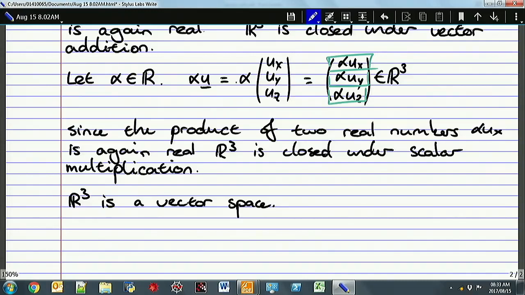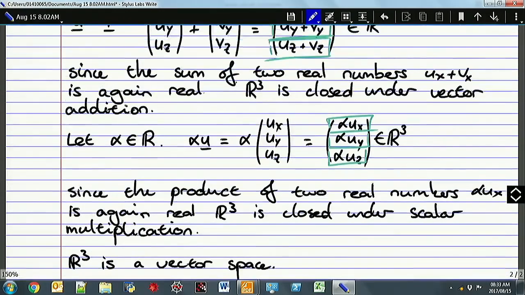All right. Maybe at this stage it's worth pausing and thinking about it. We've got R3 over here and we've seen an operation on R3, addition, where R3 is closed under addition. Can anyone think of an operation on R3 that R3 is not closed under?